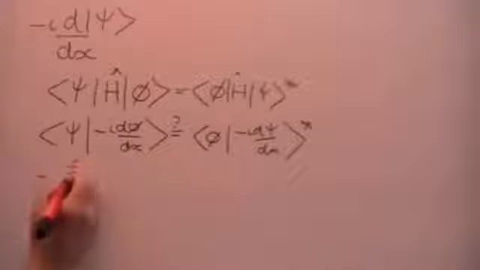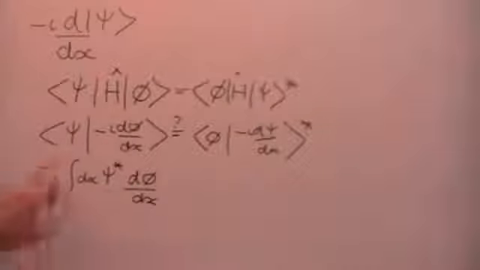Now you'll recall that we showed earlier in this video that you could take an inner product of two vectors and express it in terms of an integral. Furthermore, we can take the minus i's on the outside. So we're going to get minus i times the integral dx of psi star times d phi by dx.